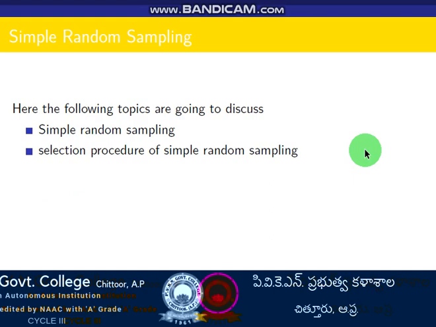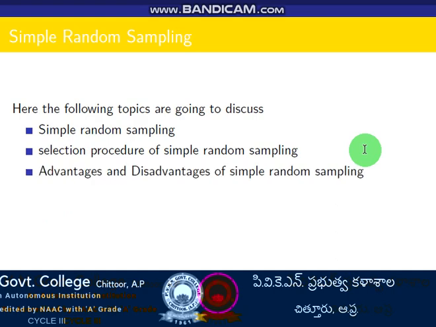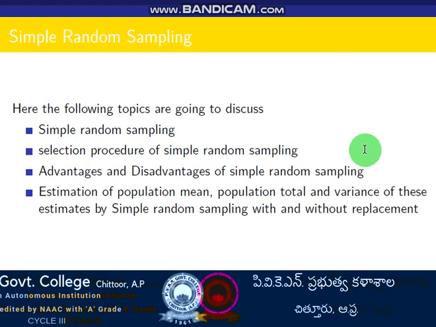Next, advantages and disadvantages of SRS, estimation of population mean, population total, and variance of these estimates by simple random sampling with and without replacements.